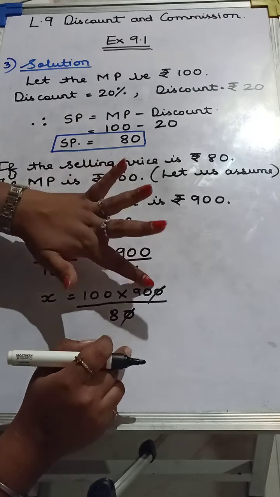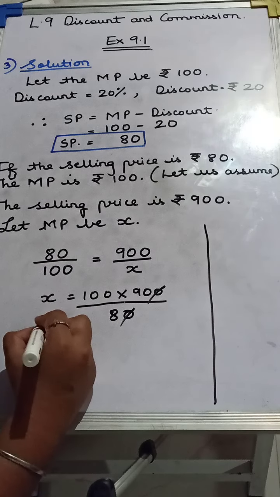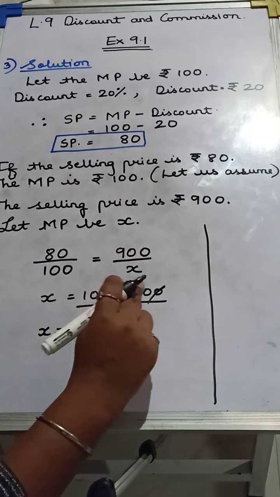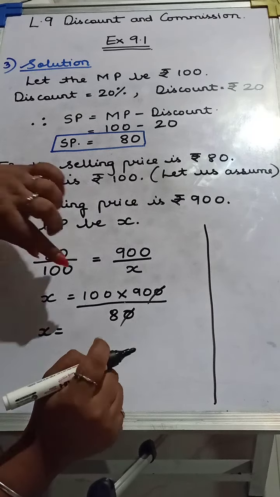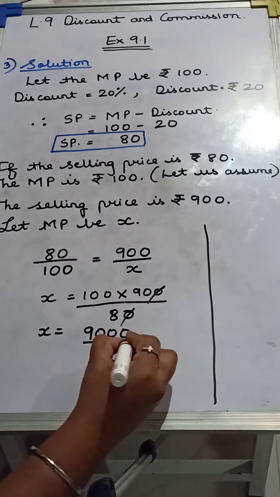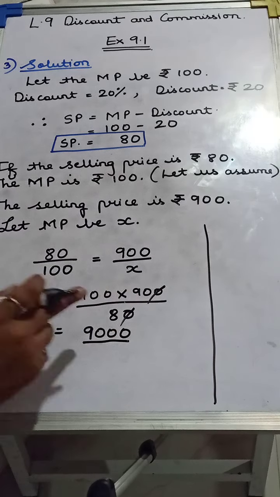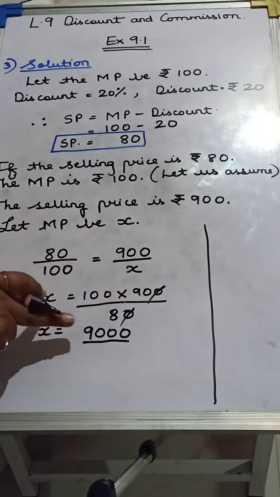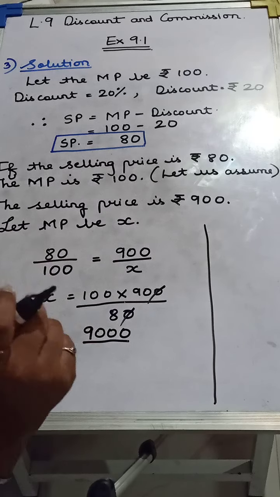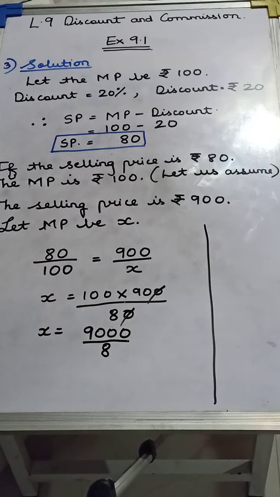Now what is remaining here? X is equal to 100 multiplied by 90. That means 1 nines is 9, and how many zeros are there? 3 zeros. No need of doing rough work, directly you can solve mentally. 1 nines is 9 and 3 zeros are there, so directly 9 with 3 zeros divided by 8.